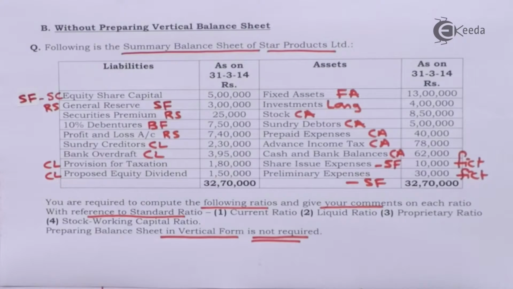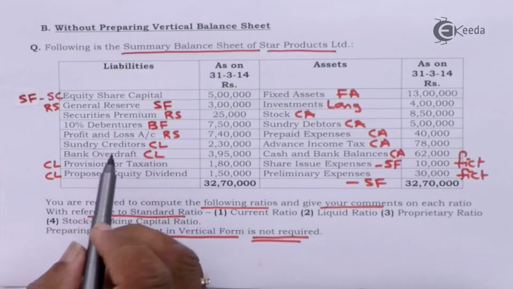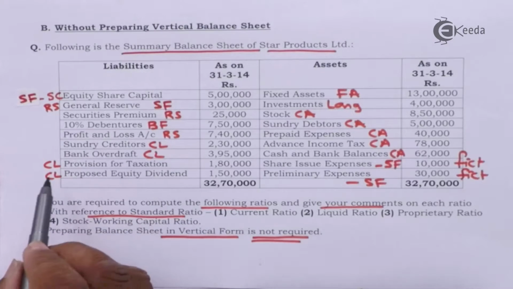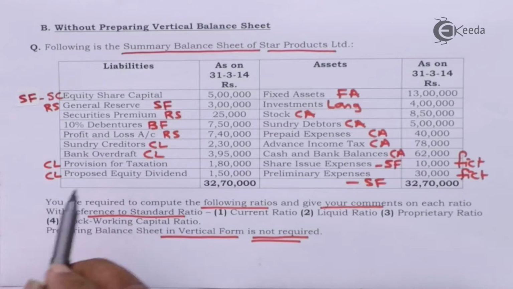We have marked current liabilities: sundry creditors, bank overdraft, provision for taxation, proposed equity dividend.